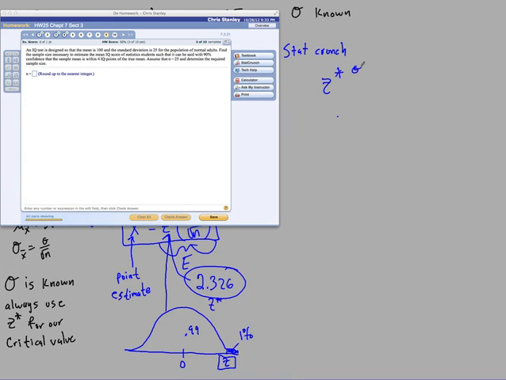I'll show you how I showed it in class, but this number here is your error, and I want this number to be less than some e. I want this margin of error to be less than some 4 points or 3 points. Within 4 points, so this is going to be your e. So your e equals 4.